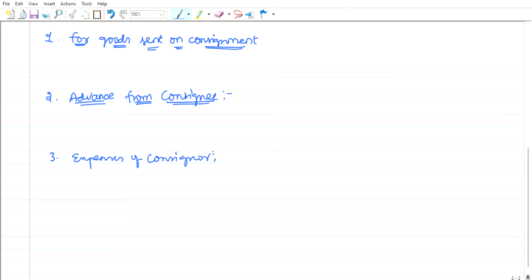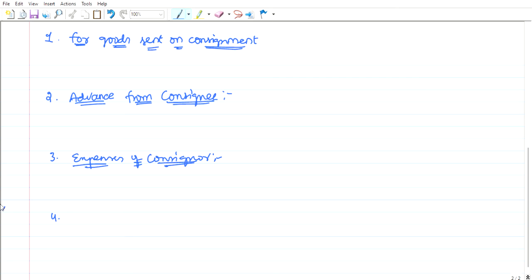In order to send the goods, the consignor will be incurring some expenditure, and this expenditure will be what? A non-recurring expenditure only. Any expenses incurred by the consignor will be non-recurring expenditure. Why are we going to discuss non-recurring expenditure? Because that will be used in the valuation of unsold stock. Unsold stock we can call consignment stock also.